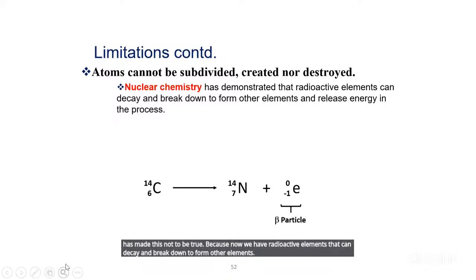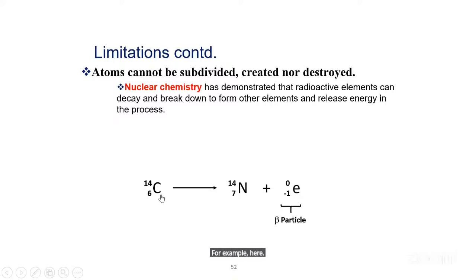For example, here, carbon 14 is a radioactive element. It can decay to form nitrogen. Nitrogen is a new element altogether. And you have the beta particle released. So saying that atoms cannot be subdivided or created nor destroyed can no longer hold because of radioactivity or nuclear reaction.